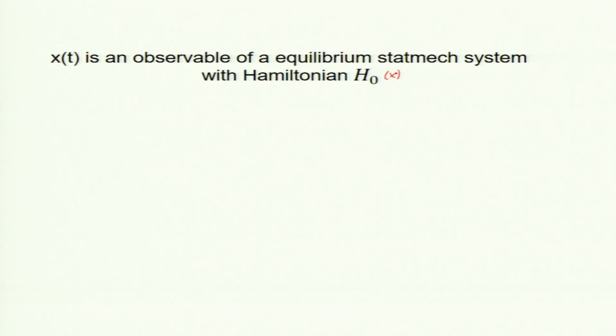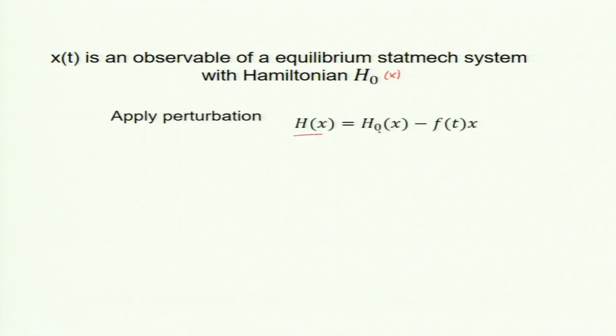It is in equilibrium, but I want to perturb it, make it slightly non-equilibrium, bring in some fluctuation. So my new Hamiltonian is H naught minus f(t) x. f is a force, a kick; you just apply a kick. Okay. So, this will create a disturbance.